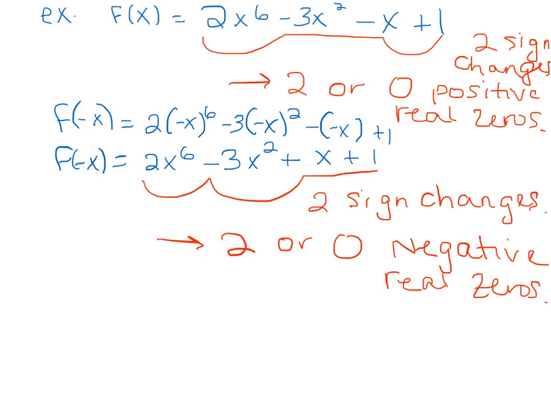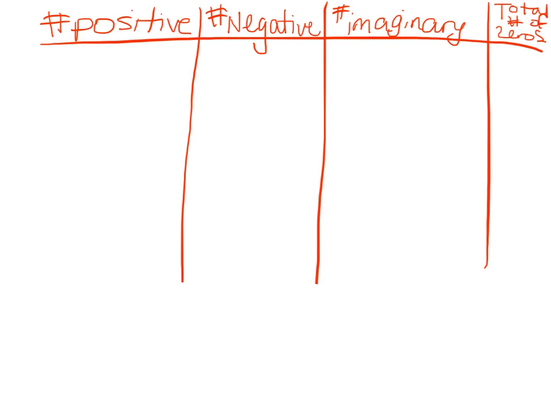So now we can use this information to fill in a chart and see what all of our possible different cases might be. We're going to use the following chart to help us determine how many of what type of zeros we end up with when solving this polynomial function. When looking at 2x to the 6th minus 3x squared minus x plus 1, we determined that there were 2 sign changes in f of x.